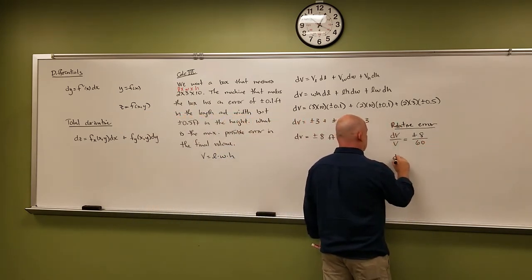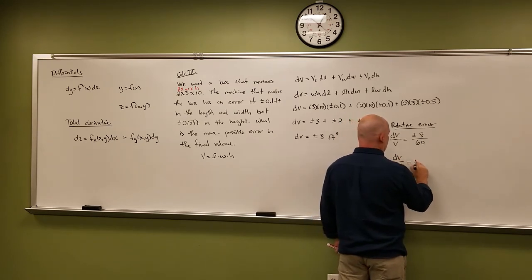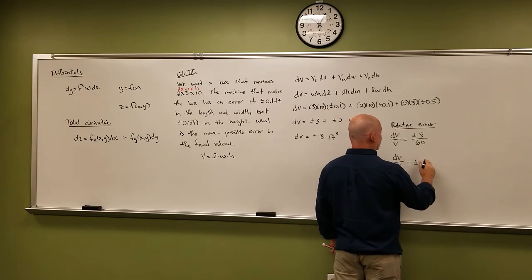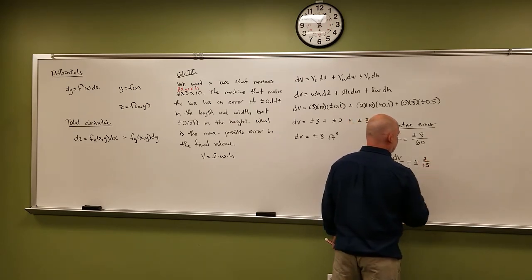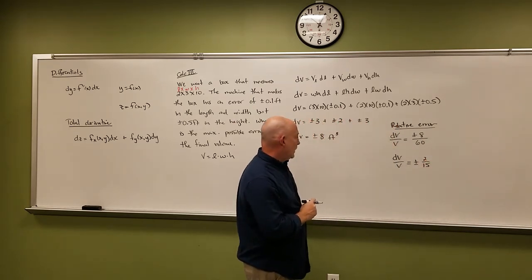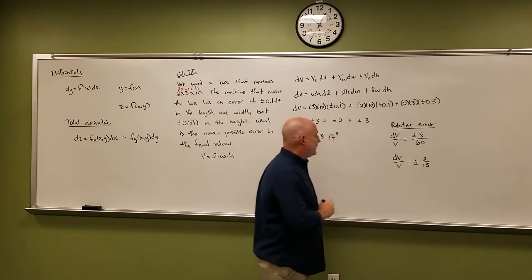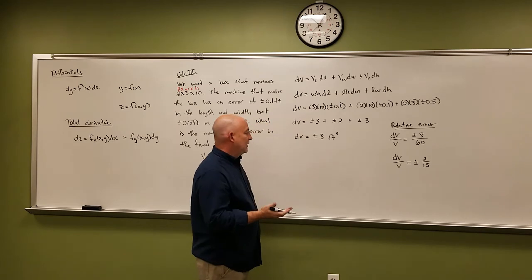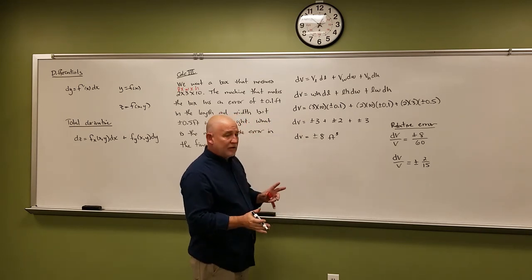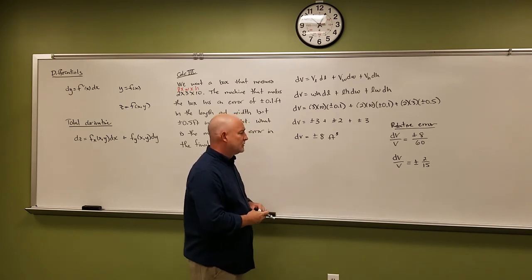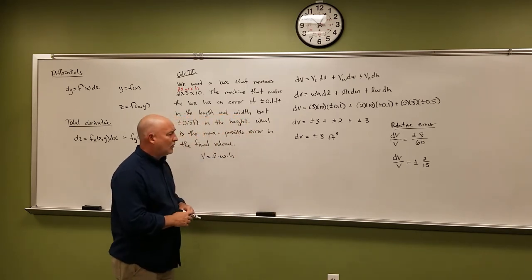All right, so dV over V would be plus or minus, let's see, 4 will go into both of those and give me 2/15. We can leave it kind of like that. So 2/15. That's less than a tenth off. Not that big of an error, but not that great either. Not that great at all.